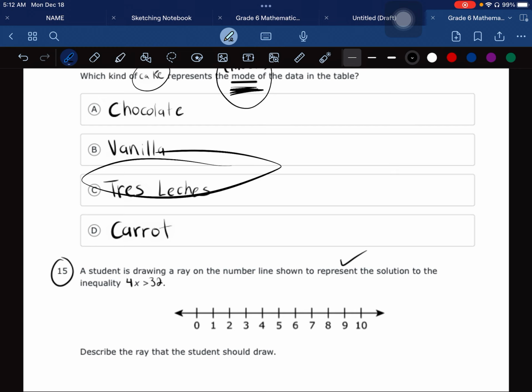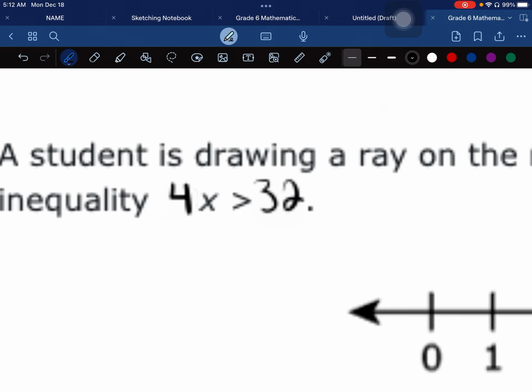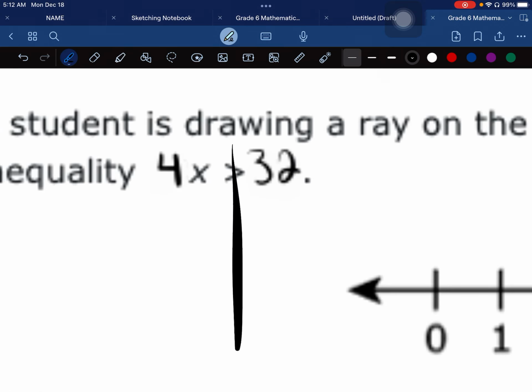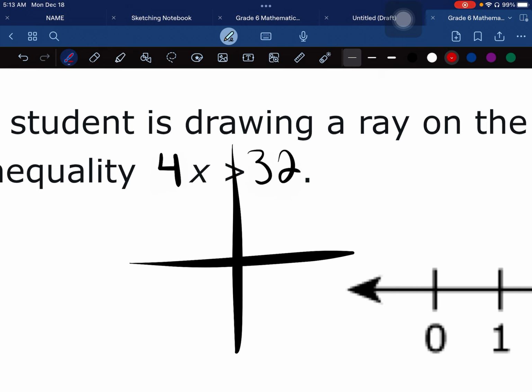15, chicos. A student is drawing a ray on the number line, shown to represent the solution to the inequality. First, we have to find this solution. What's the opposite of multiplying by 4? Dividing by 4. What I do to one side, I do to the other.